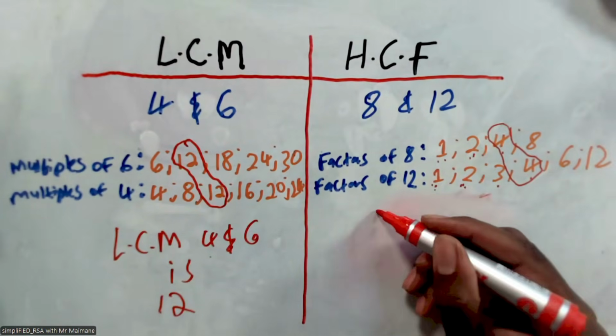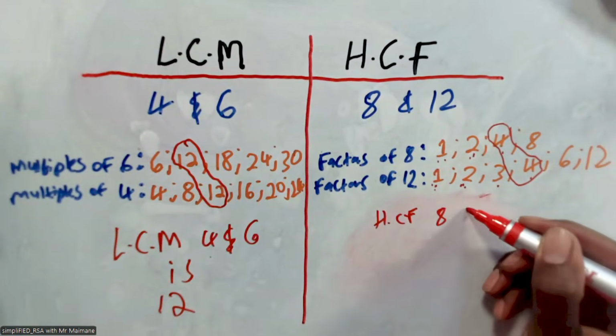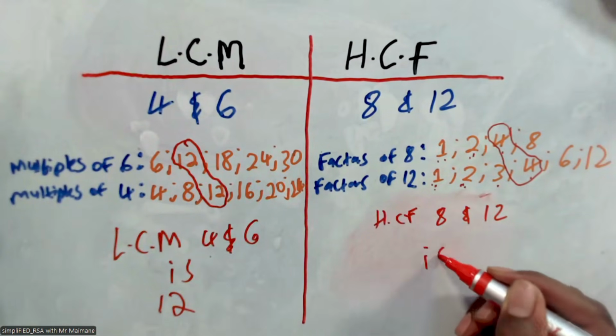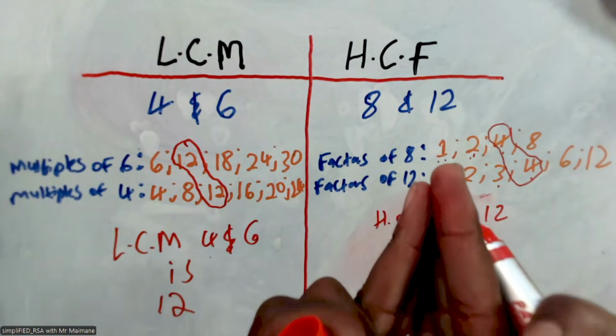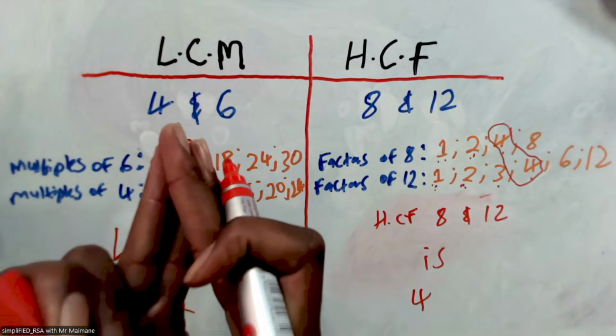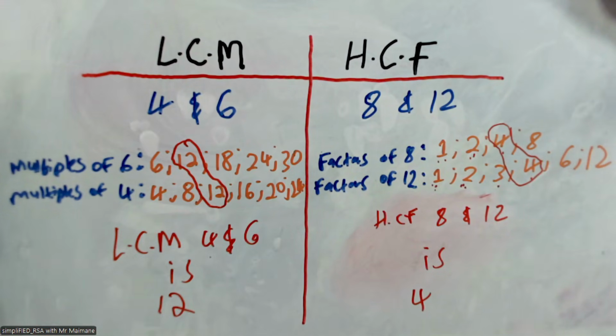Hence we say the highest common factor between 8 and 12 is 4. So this is the concept that you must use when finding the highest common factor, and this is the concept you must use when finding the lowest common multiple. I hope it makes sense.